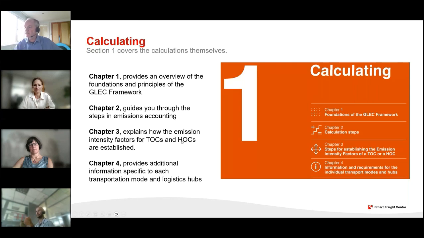And again, that's a similar way of explaining things between the ISO and the GLEC framework.